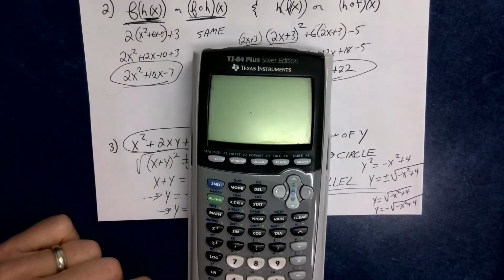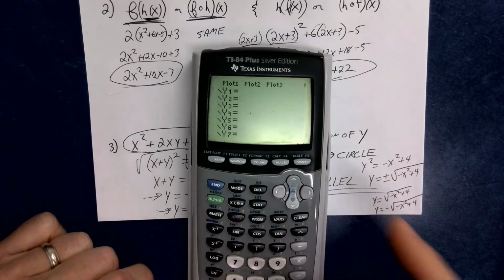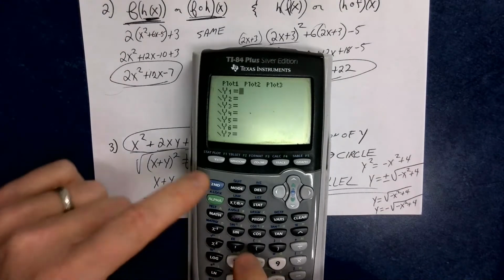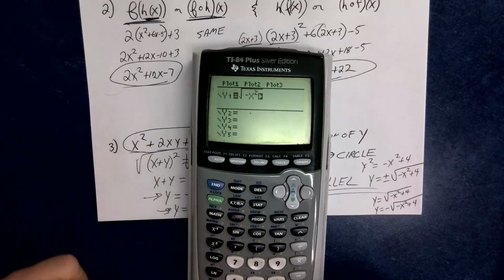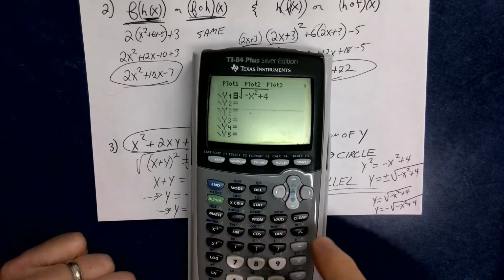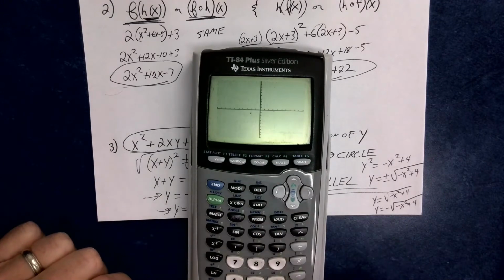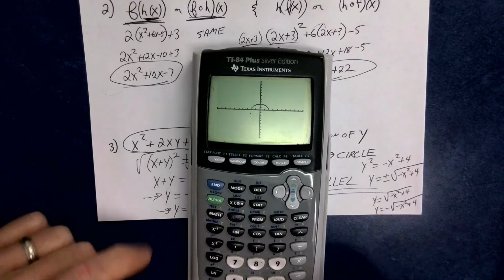So I go to my y equals, clear and clear. We did this before, but this is good for you guys to see again. So square root of negative x squared plus 4. And if I hit graph, oops, sorry, zoom 6, you can see it looks like the top half of a circle potentially.